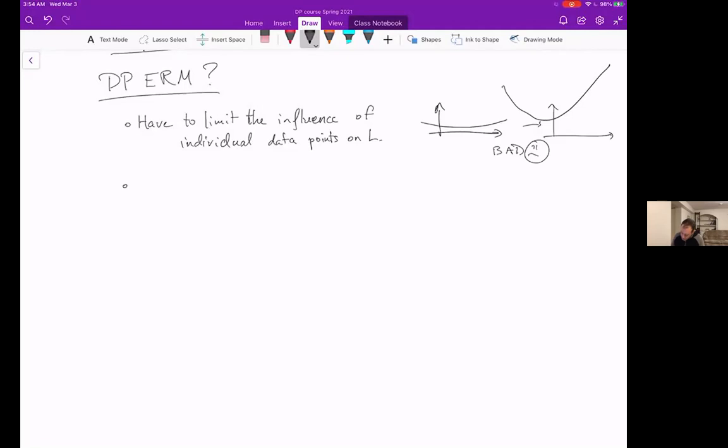So there are a couple of typical assumptions that people look at. The first one I'll call the bounded loss assumption. So we'll say L is the little loss function, right? It takes a parameter vector and a data point, and it produces a real number.